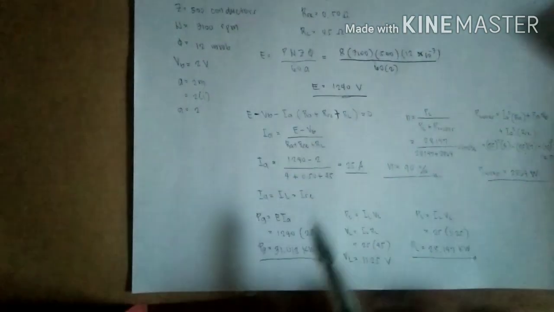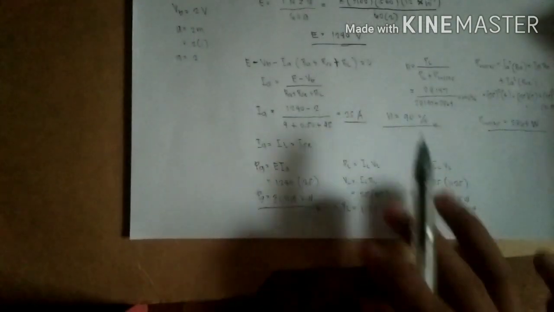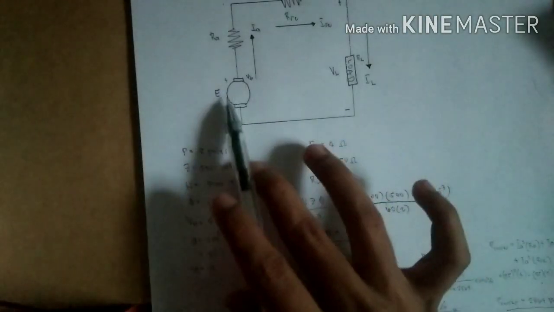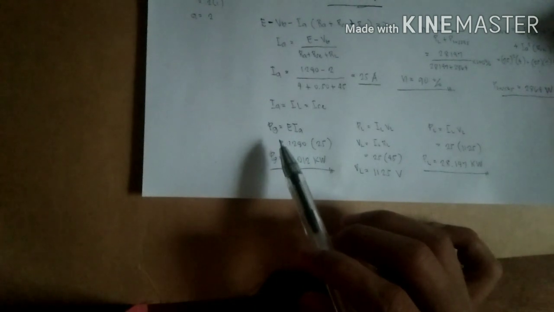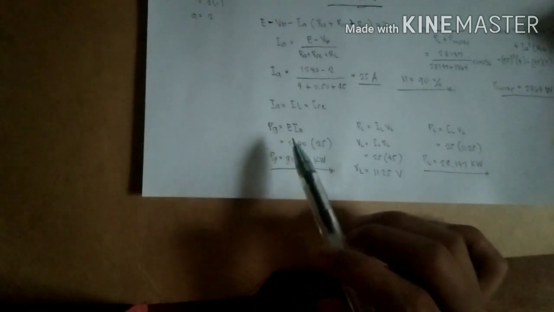Since they are connected in series, the three are equivalent. Now we can get the power generated in the armature. This is the formula for the power generated on the armature: PG is equal to E times IA.